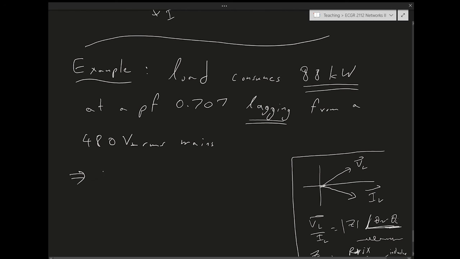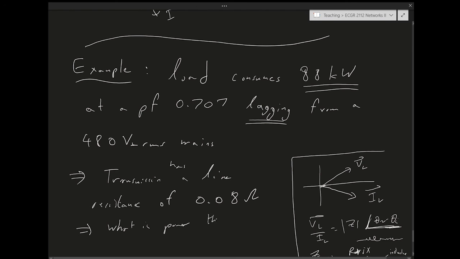This transmission line is modeled as a resistance, a line resistance of 0.08 ohms. It's a small value, but it's there nevertheless. So what is the power that the utility needs to generate?